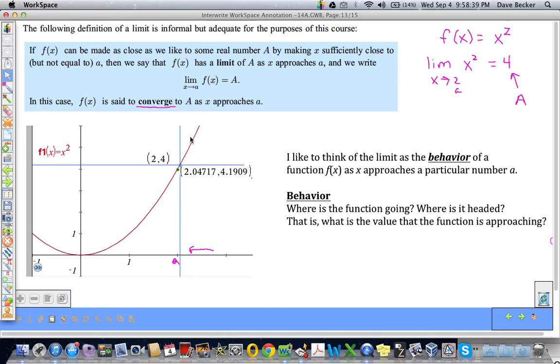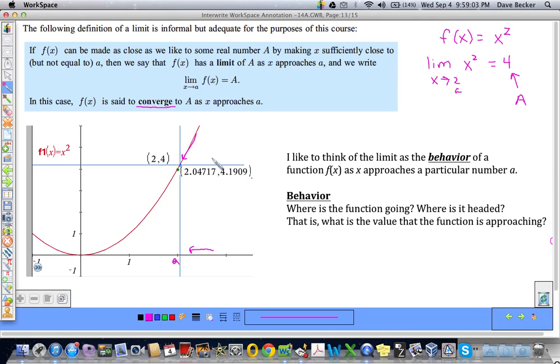Well, if you think of this blue dot as moving down this curve, this blue line was moving closer and closer to a. What was the behavior of the function?